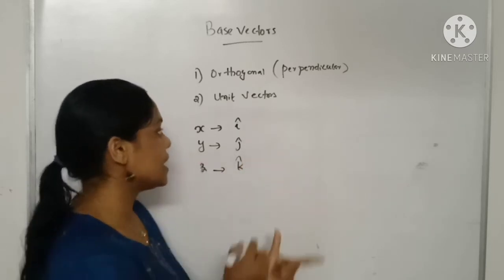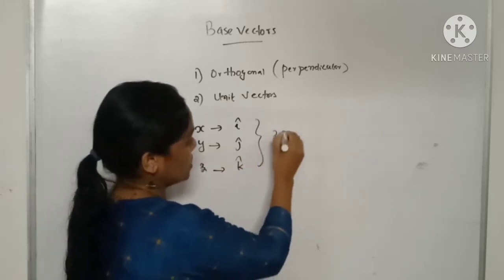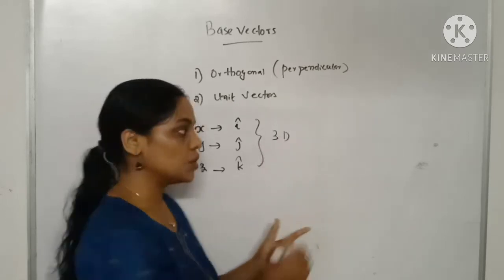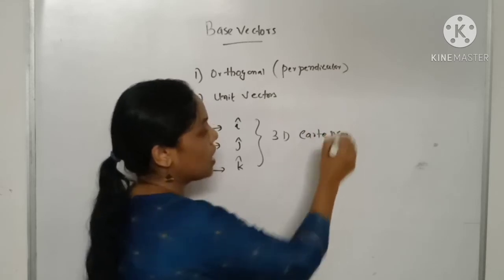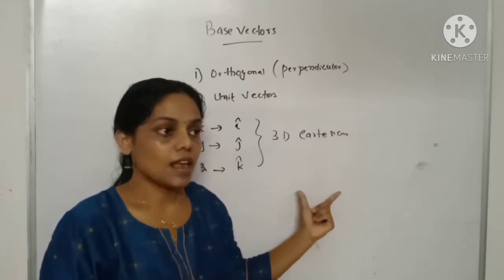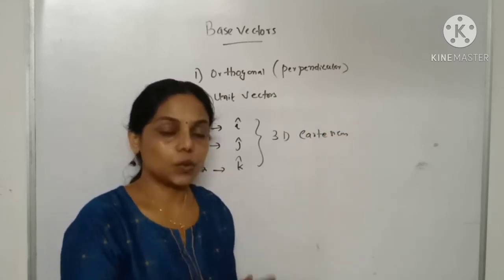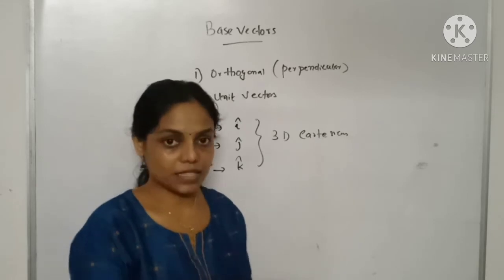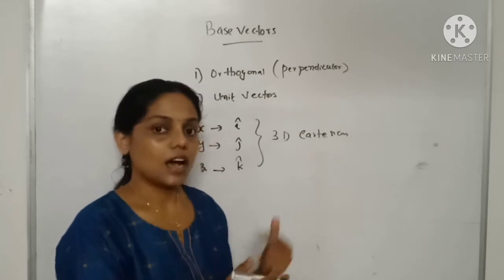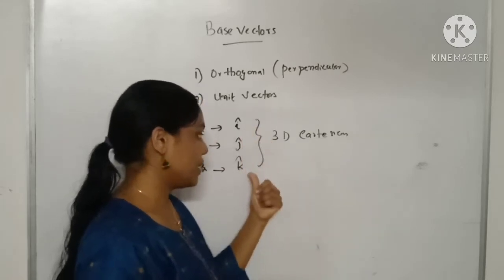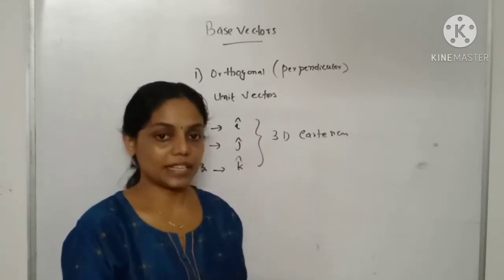In a three-dimensional Cartesian coordinate system, the base vectors or the unit vectors along the x, y, z axes are i cap, j cap and k cap.